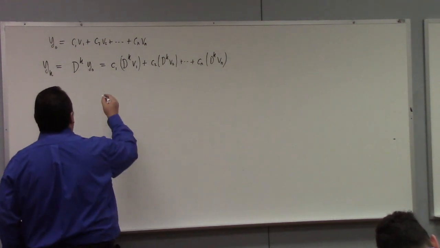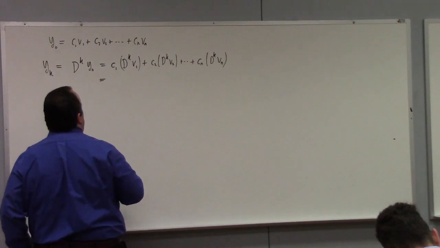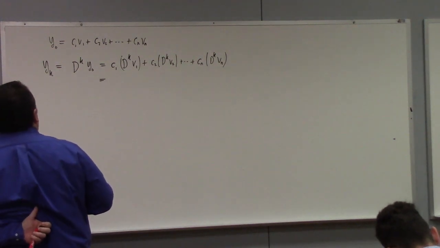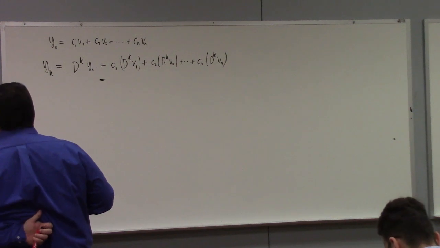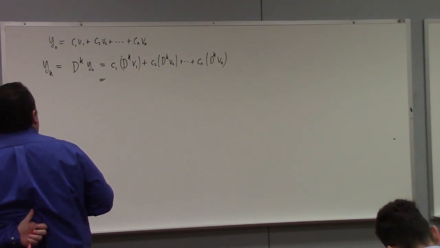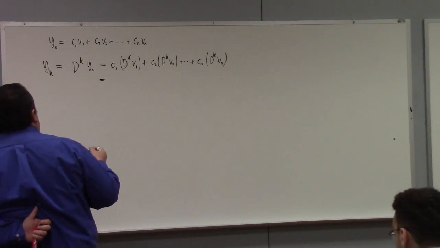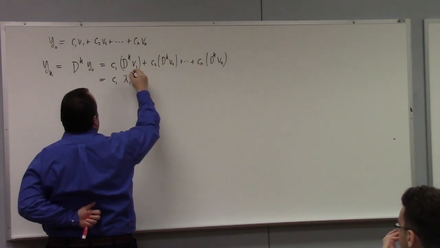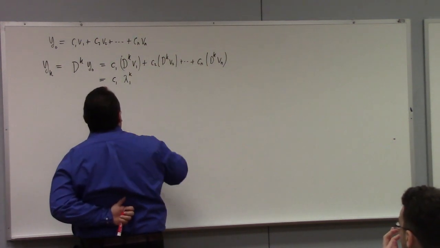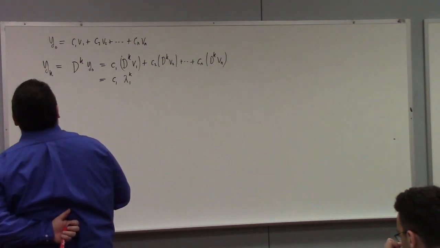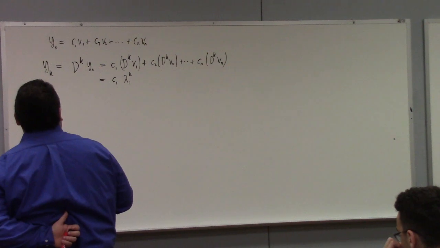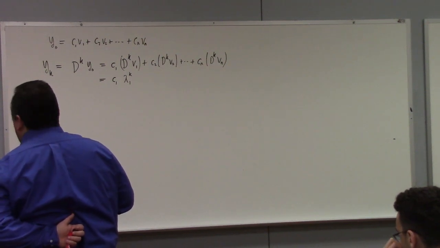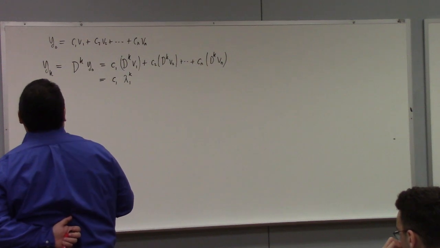Well, I want to say what this gives me is, that's not quite right. No, it's right, it's right. I'm sorry, guys. I'll get it eventually. So c1 lambda 1 to the power k. Is that right? No.